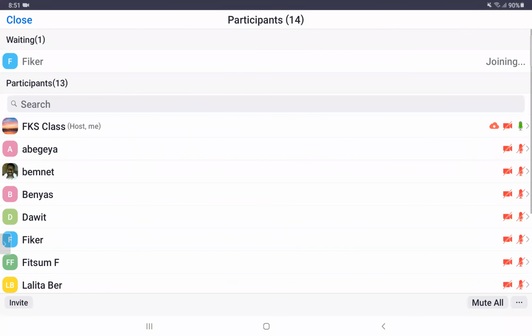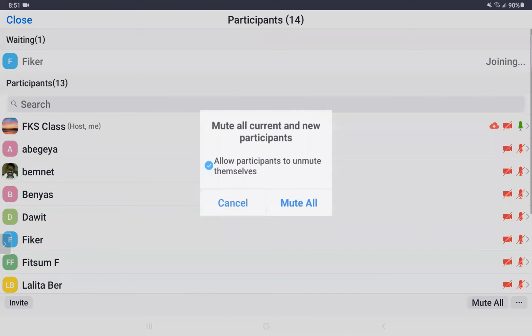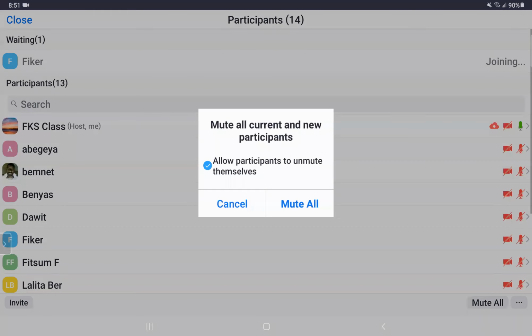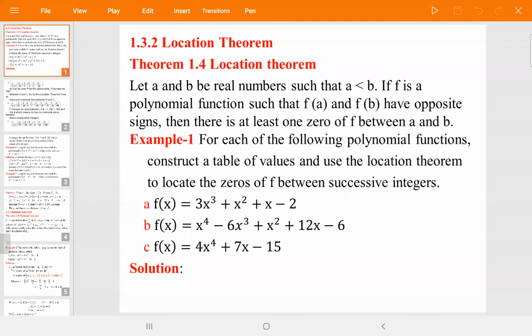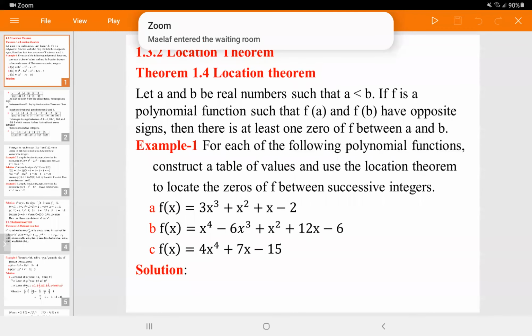Actually, the theorem generalizes; it is used for the set of real numbers, but in our case, we consider integers. When the given polynomial changes its sign from positive to negative or from negative to positive, then there exists at least one zero of the polynomial. Let us see this with numerical examples.